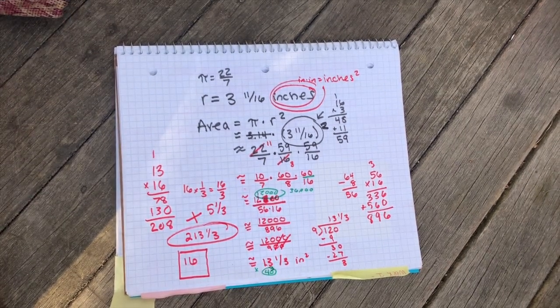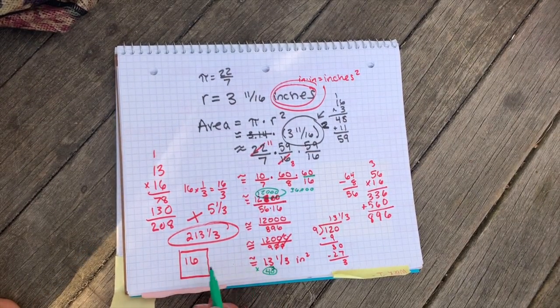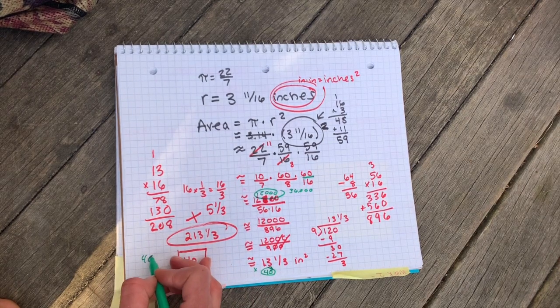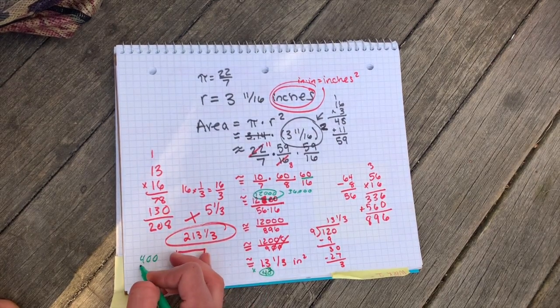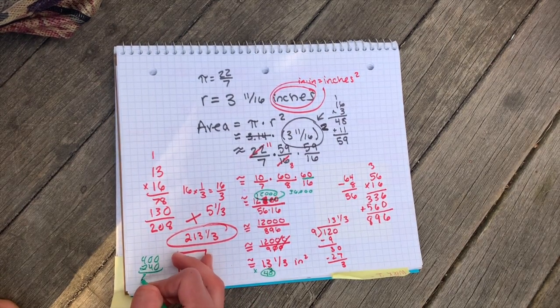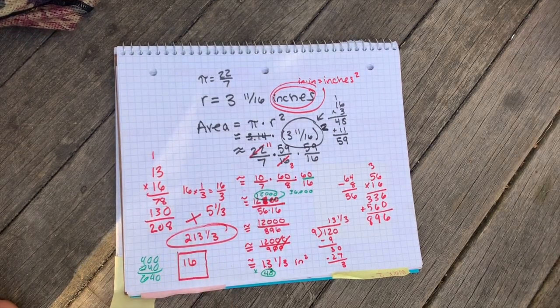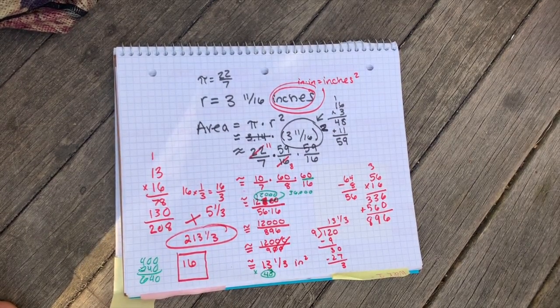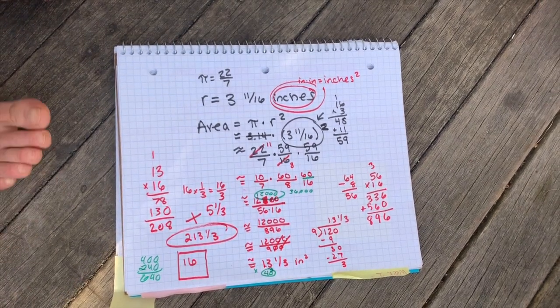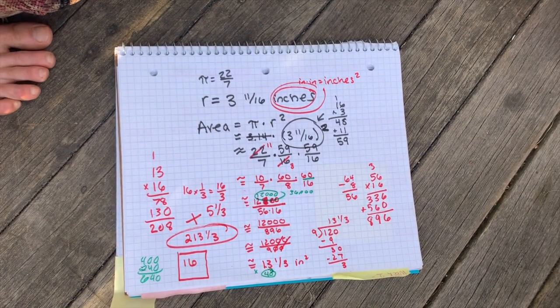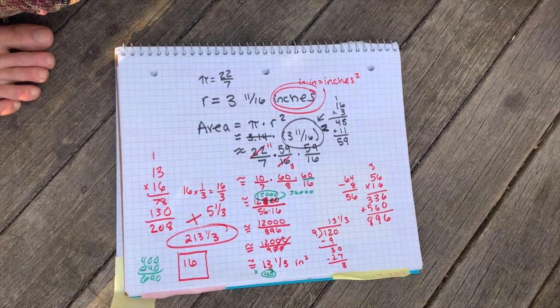So if I did 40 times 16, I get 4 times 4 is 400, and then 6 times 4 is 6, 12, 18, 24. It's 240, so then I would have gotten 640 little squares from my estimate, which is less accurate than the 706.5, but it's still way, way, way closer than 213 1/3.